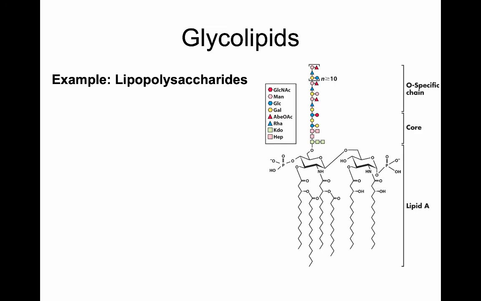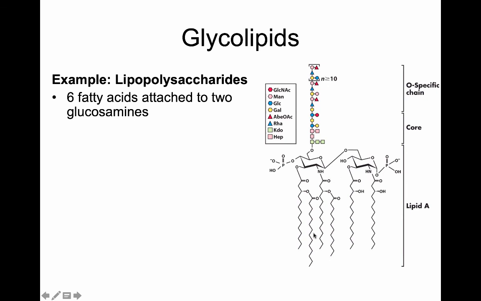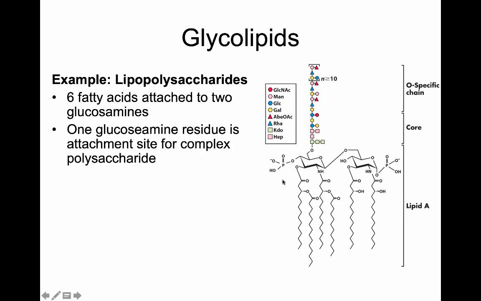Another example of a glycolipid is lipopolysaccharides. Lipopolysaccharides are when you have 6 fatty acids attached to 2 glucosamine sugars. One glucosamine residue is then going to be the attachment site for the complex polysaccharide.